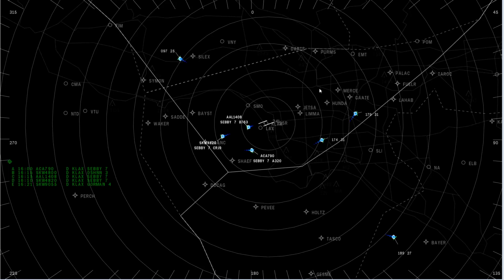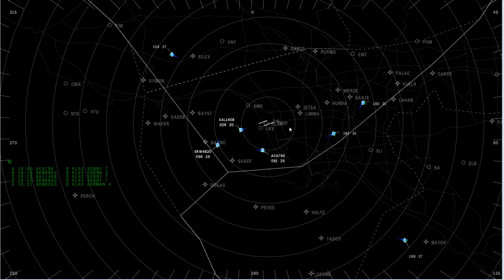I actually waited a little too long to give this guy his turn. It's going to mess up my spacing a little bit here with the next one who's right behind him. I like to get these guys turned towards Seal Beach almost as soon as they cross the 5-mile ring here. And when I gave this guy his double altitude assignment, the second radio call, I meant to give him his U-turn, and I just got discombobulated a little there.